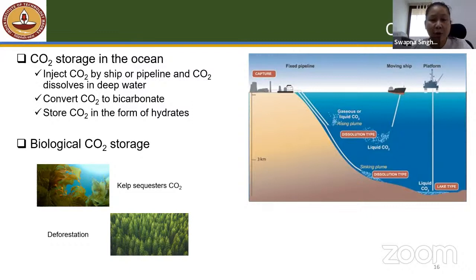So you can get it from the sea, or you can invest in a bioreactor to grow the kelps, which is like a seaweed where photosynthesis is happening, which stores the CO2. And everybody knows deforestation, we should grow more trees so that they absorb more CO2. So these are different techniques for CO2 storage.